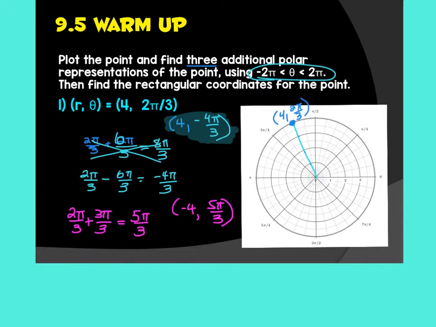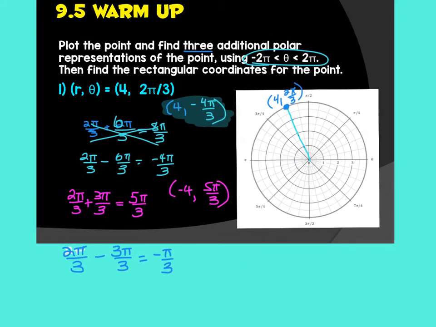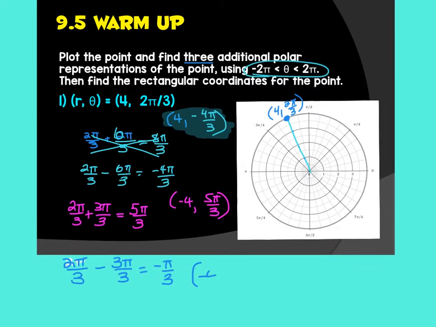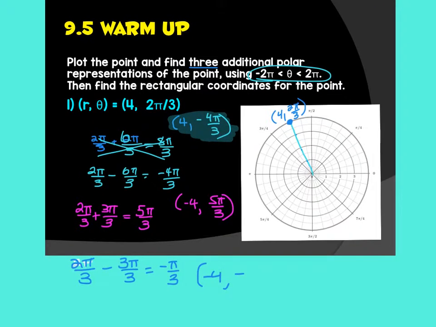And then if I subtract pi, which would be 3 pi over 3, I'd get negative pi over 3, which also falls in that range. So I'm doing odd multiples of pi, which means that I'm changing the sign on the radius. So my 3 additional representations of that same point are these 3.